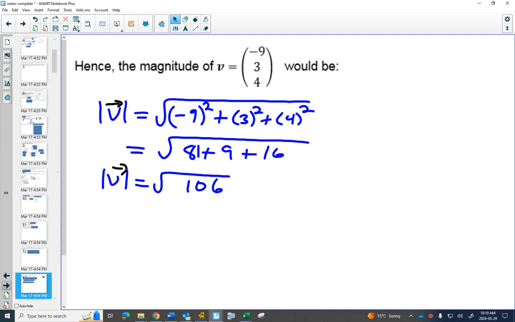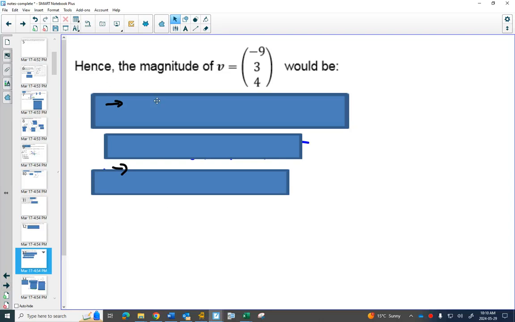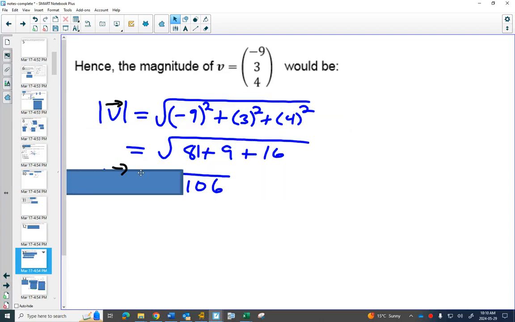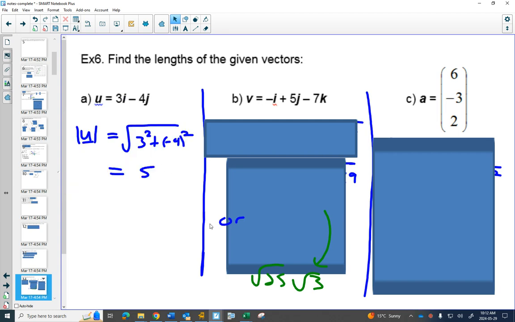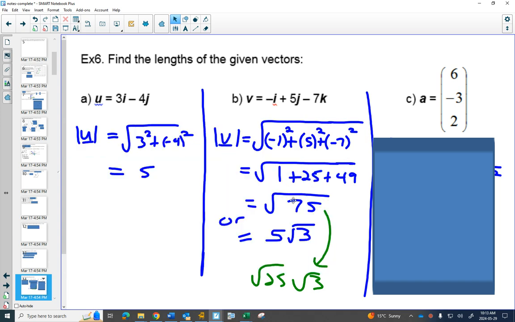So I would like you to find the lengths of the following three on your own. First one is just 5. 3, 4, 5 triangle. Second one, root 75, which you could reduce to 5 root 3.